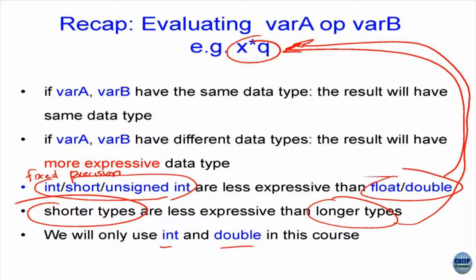So int, short, unsigned int, in the last class we also said these are also called fixed precision, and float, double are basically floating point or floating precision. In this course we largely make use of int and double.